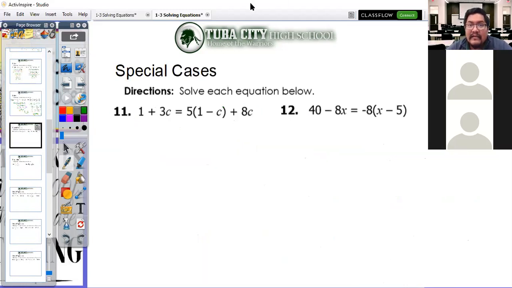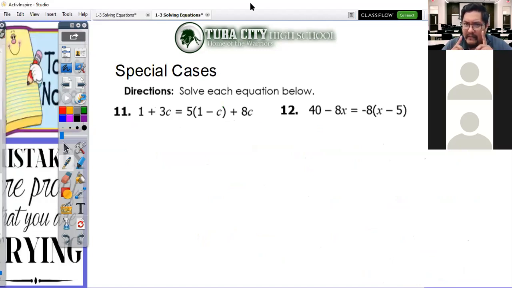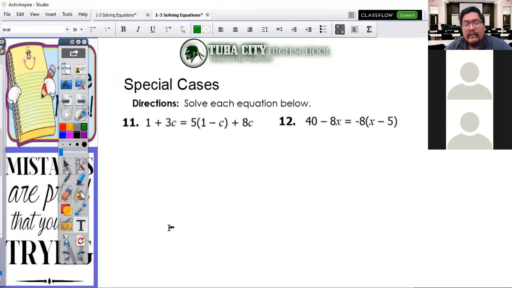Now, I did say when you're working with these kind of equations, look at the variable first. That's your priority. You're trying to get that variable out of there. You're trying to rescue it, basically. The reason why I have you do that is because there are special cases, and special meaning that it doesn't really happen a lot.